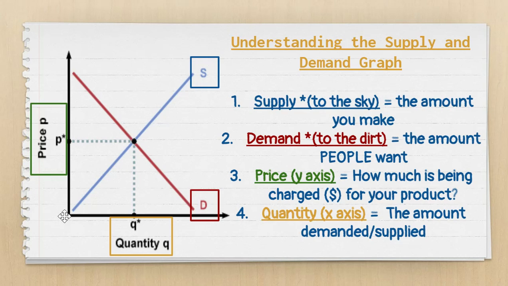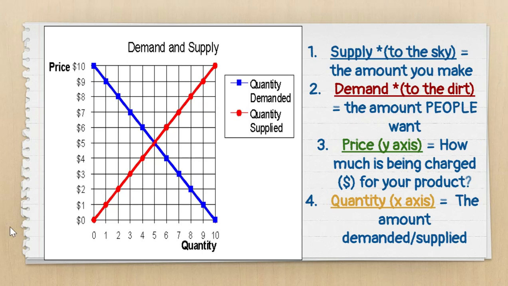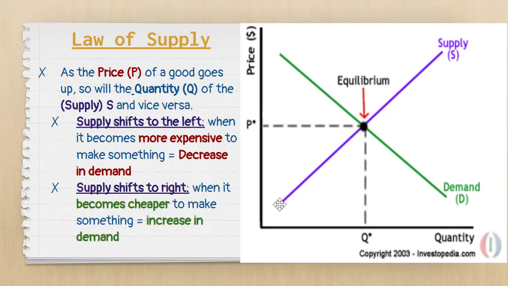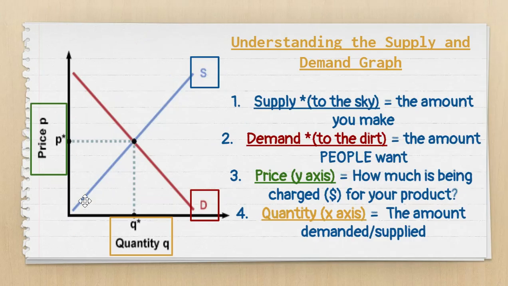So if we're looking at any graph, it could be this one, it could be this one right here, or it could be another one like this. The supply line will always be the one going towards the sky. It's very important to know that anytime you're looking for the supply amount, you're going to be looking at the line that is going from left to right to the sky, the supply line.